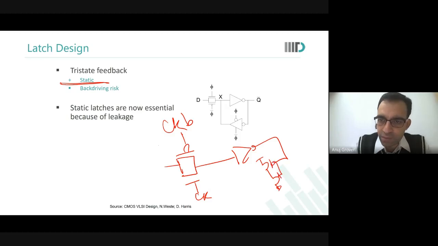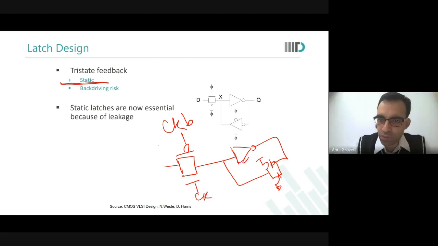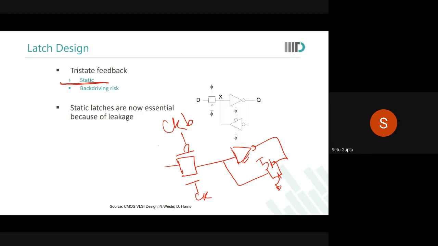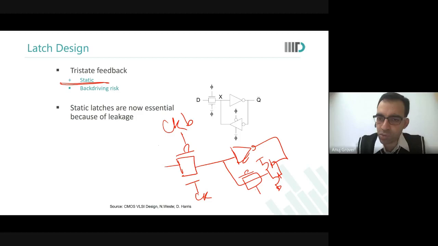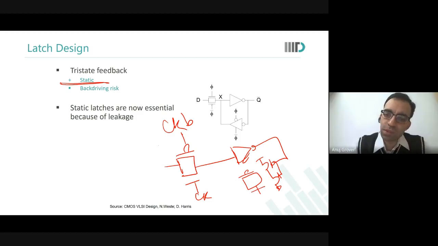That is what you're saying? A simple inverter followed by a transmission gate, not buffer. Sorry, my mistake. So this can be done. You tell me what is the disadvantage or advantage of this.